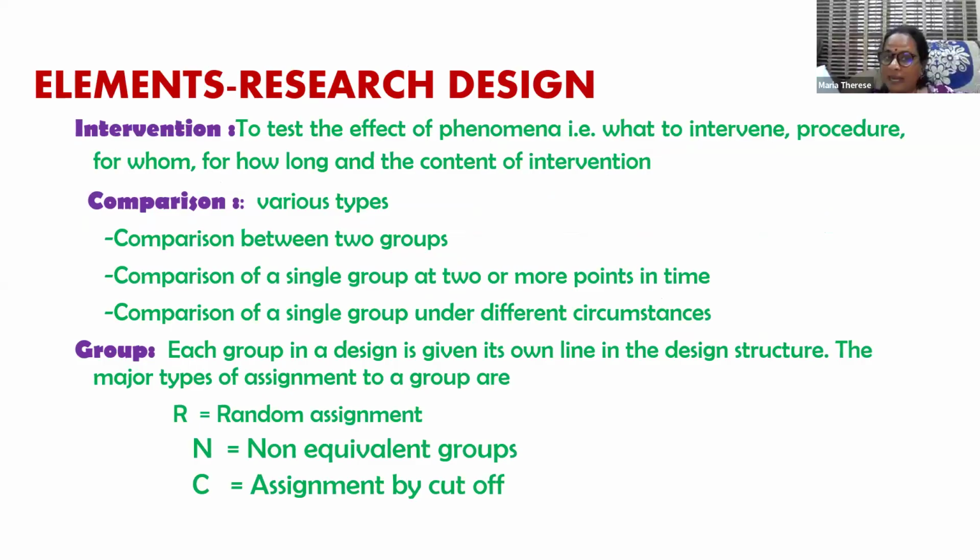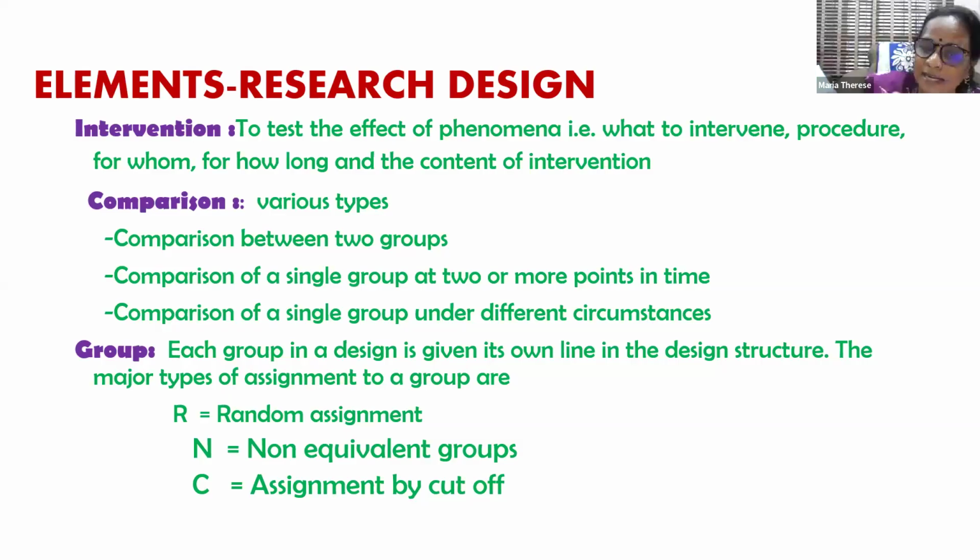The next element in research design is comparison. Here it is comparison between two groups, or comparing with a single group at one or more points in time, or comparison in a single group under different circumstances and situations. You should clearly know about the comparison.